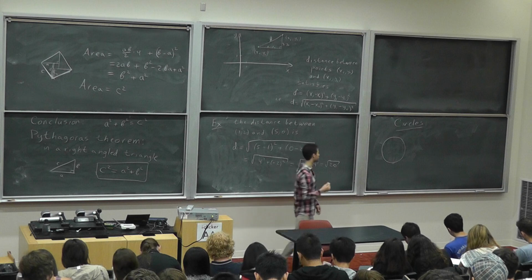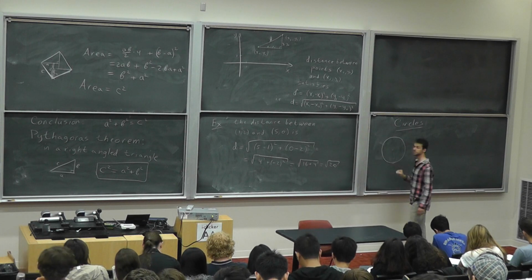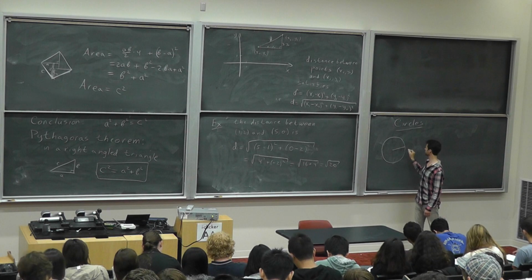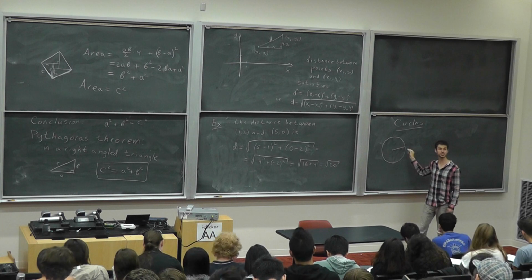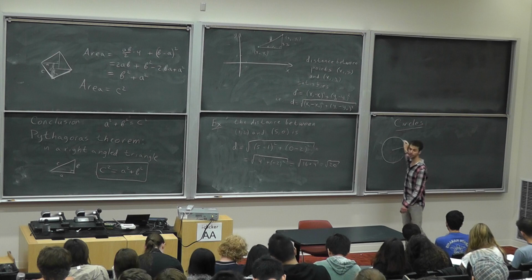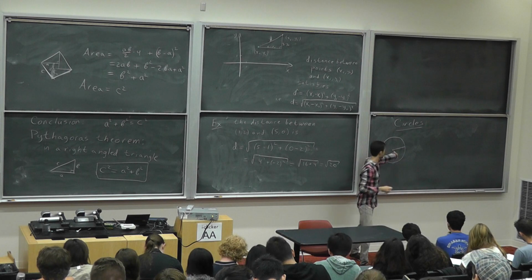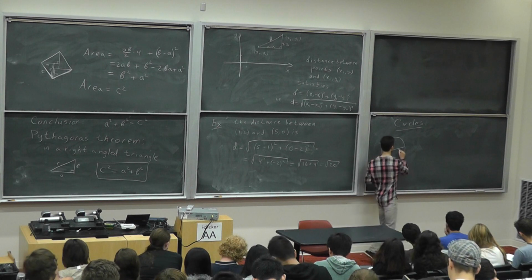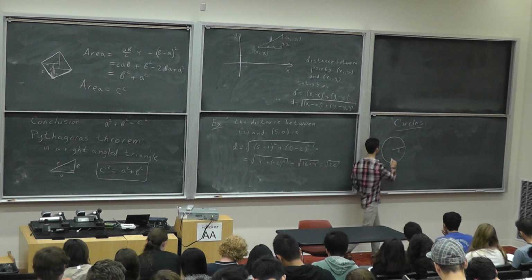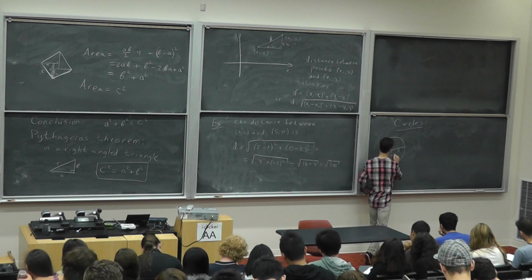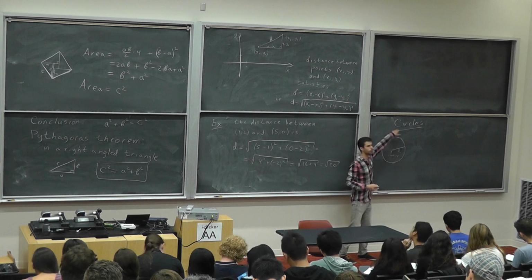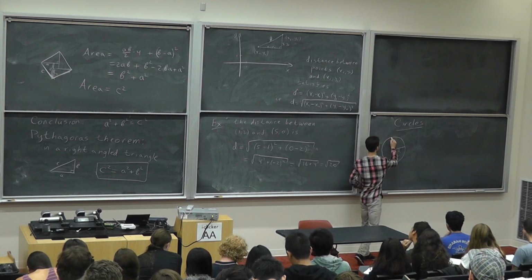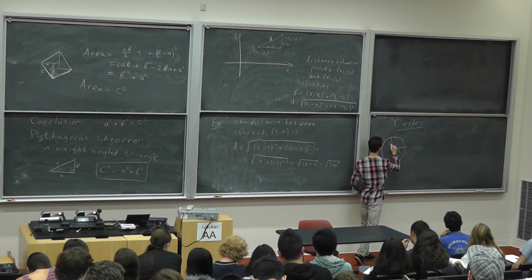If you have a point in the plane and some distance, the point is called usually the center of the circle and the distance is called the radius, then you can try to find all the points whose distance from a given one is equal to this number r. This is center. So what's special about the circle is for any point on the circle, the distance from the point to the center is r.